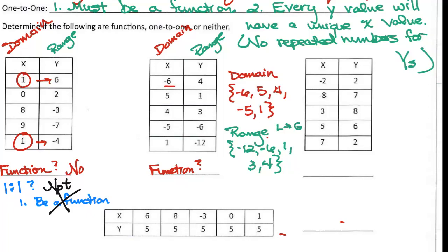So I have -6, I have 5, 4, -5, and 1. Do I have any repeats? No. So since I don't have any repeats, I have all different x's going to a y value. So yes, that is a function.